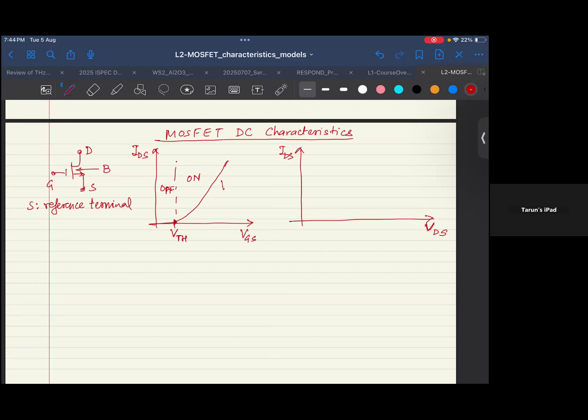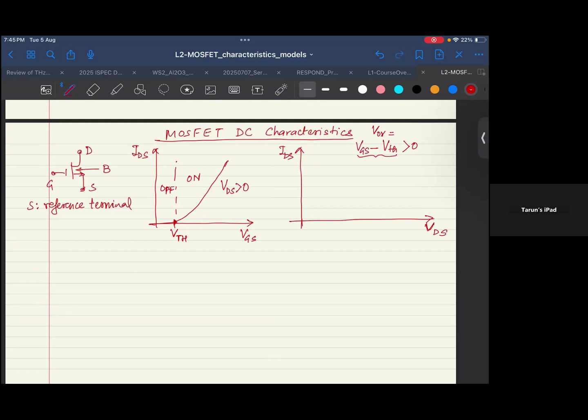And what makes it flow is the VDS. So that's why we put in some VDS so that we get a current. Now, if we were to look at the VDS dependence, we have to first make the transistor on. For that, we put VGS minus VTH greater than 0, right? And this voltage is typically known as the overdrive voltage, VOV, which is just VGS minus VTH.